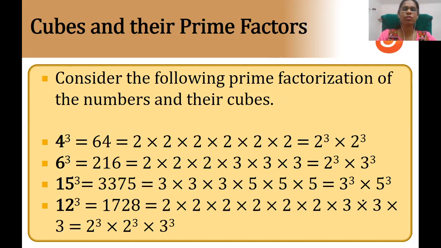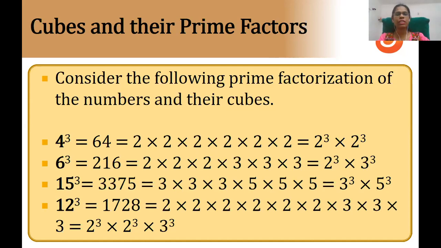We can split it and make groups also. So cube of 4 is 64, which can be divided into 2 multiplied by 2 multiplied by 2 multiplied by 2 multiplied by 2 multiplied by 2, which is 2 cube multiplied by 2 cube.